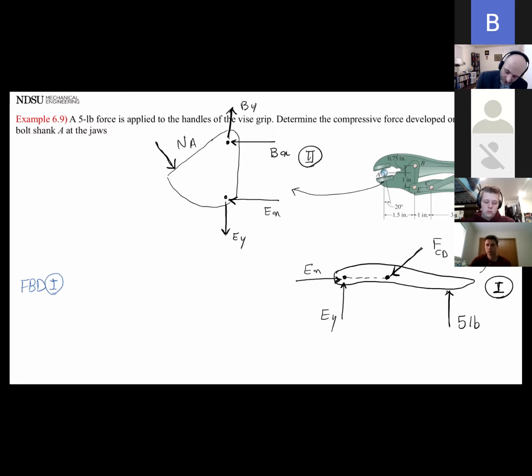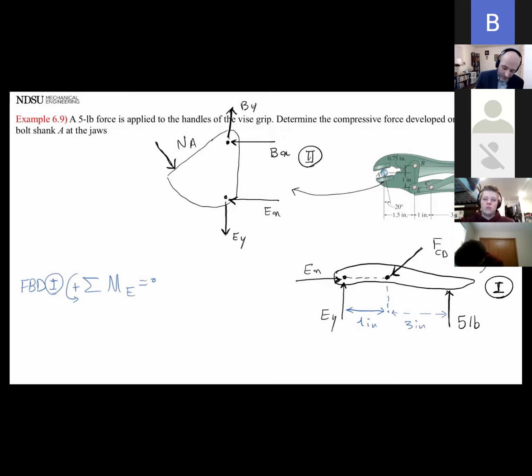Let's do summation of moment about point E being 0. Anything that rotates this way is going to be positive. The distances that we have: this is 1 inch, this is 3 inches. Okay.